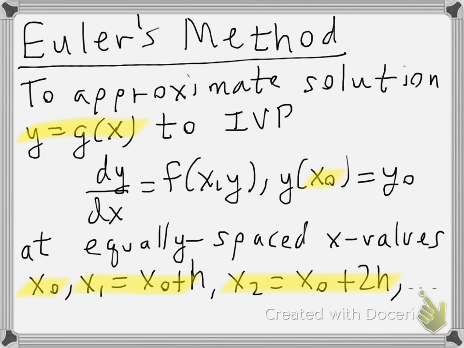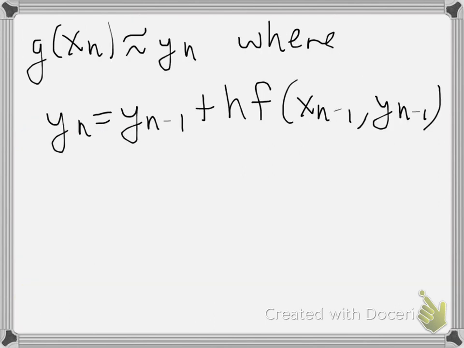Okay, so Euler's method says that to approximate that unknown solution to the IVP, you use the formula that g of xn is approximately equal to yn, where yn is given by yn equals yn minus 1 plus h times f of xn minus 1, yn minus 1.